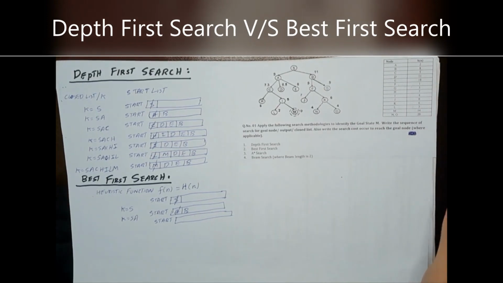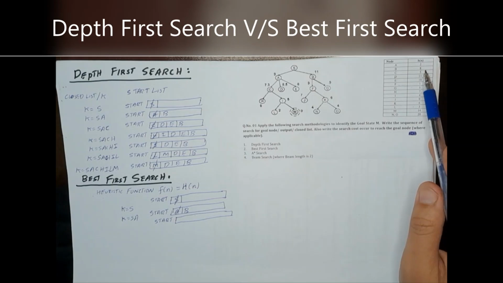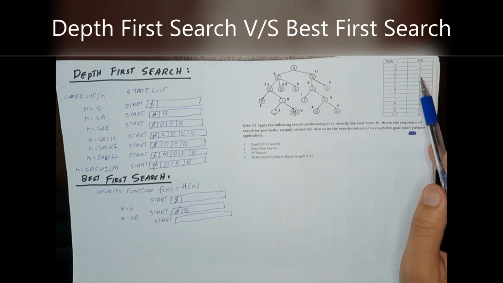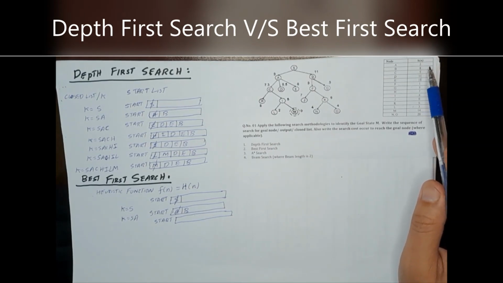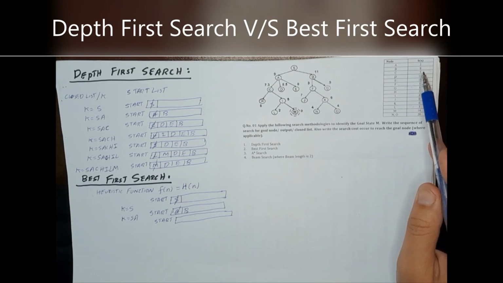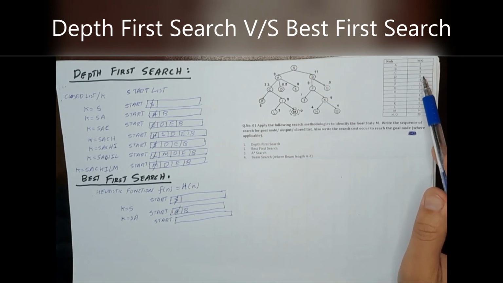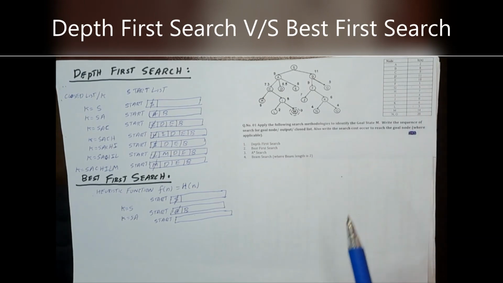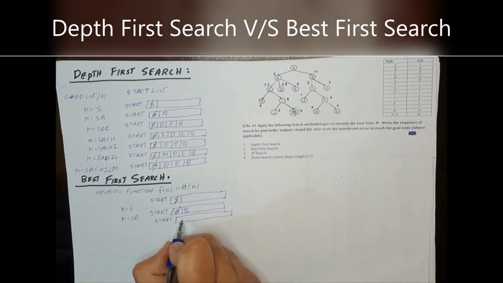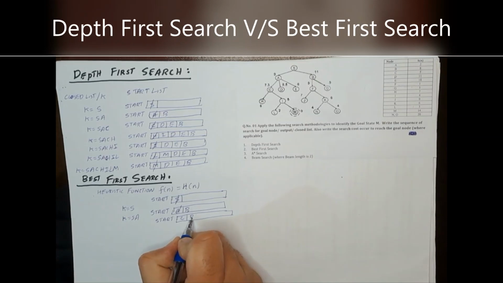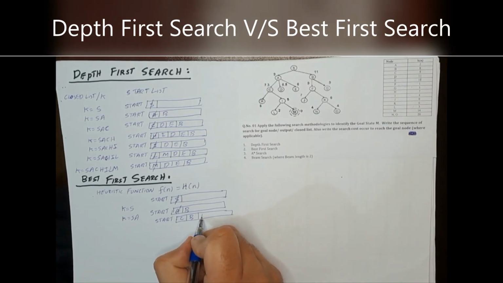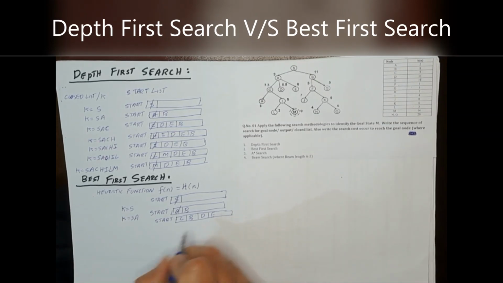C is 5, B is 8, and D is 11. It means we have C, then B, then D, then E. So C, B, D, E.